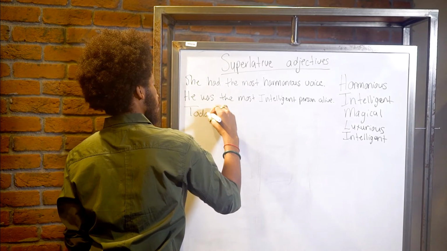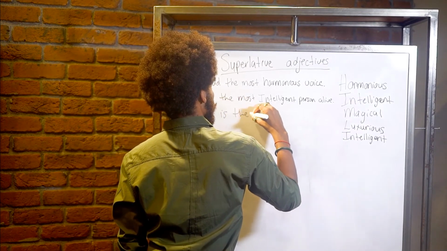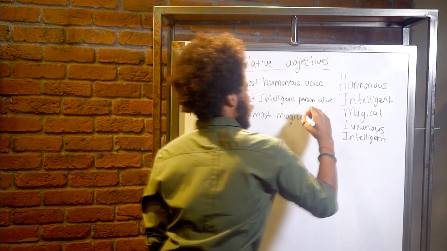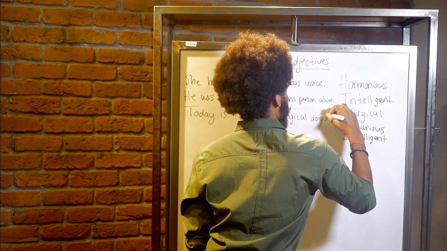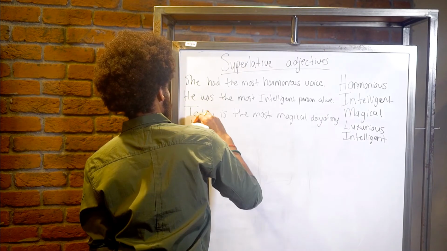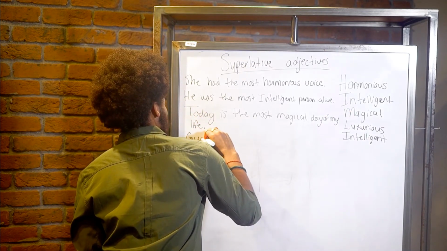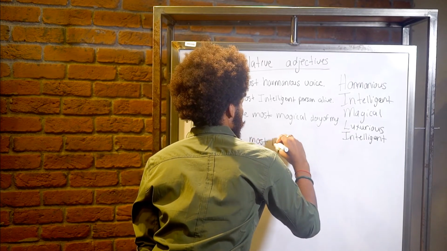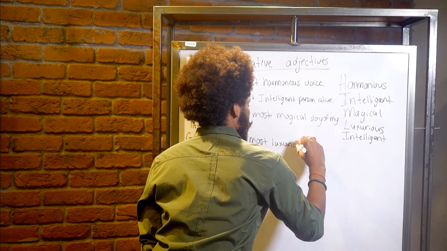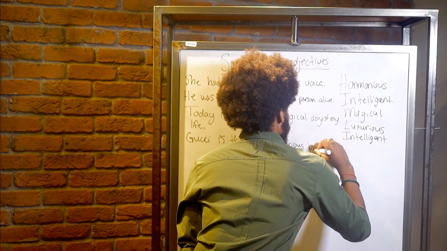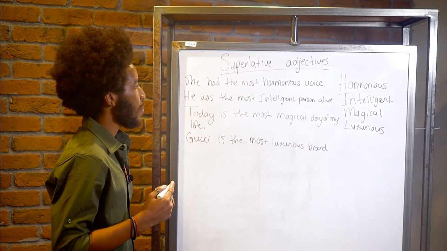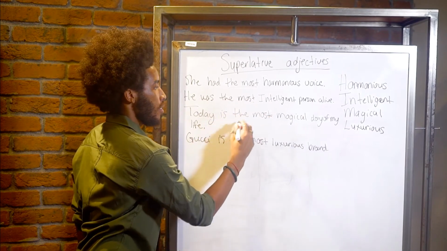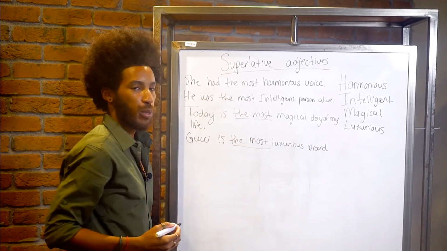Today is the most magical day of my life. Gucci is the most luxurious brand. As you can see, we simply put the most in front of the adjectives that have multiple syllables to create the superlative form.